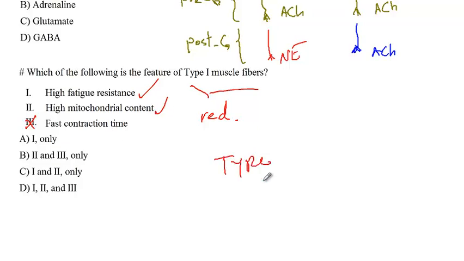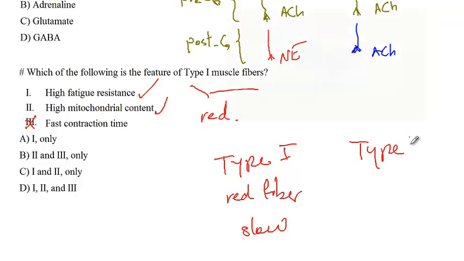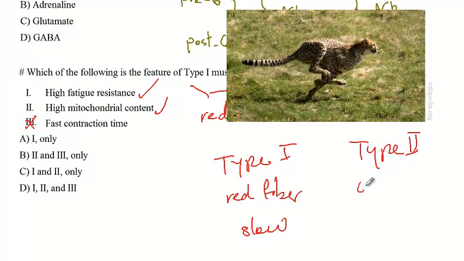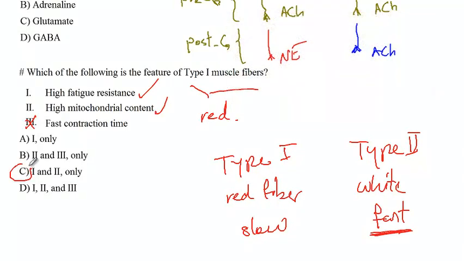So type 1 is red fibers, which are slow in comparison to type 2 muscle fibers, which are white fibers, like in a cheetah, which are very fast, but they get fatigued really quickly. They don't last long. So choice C would be the correct answer.